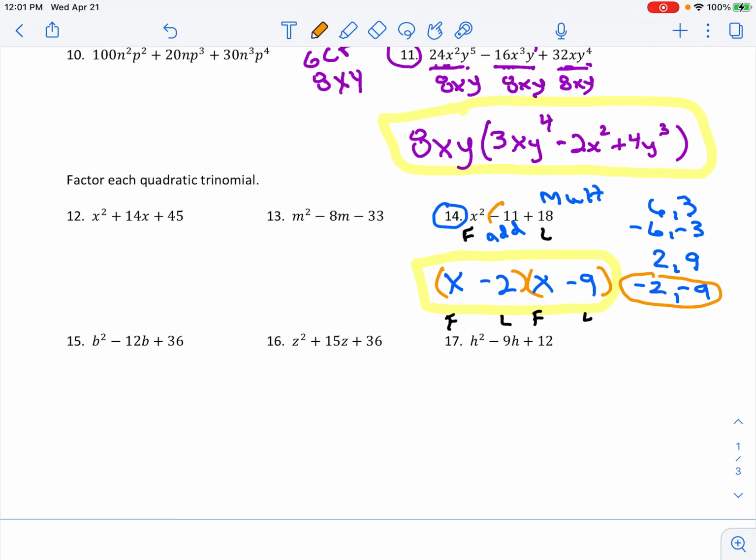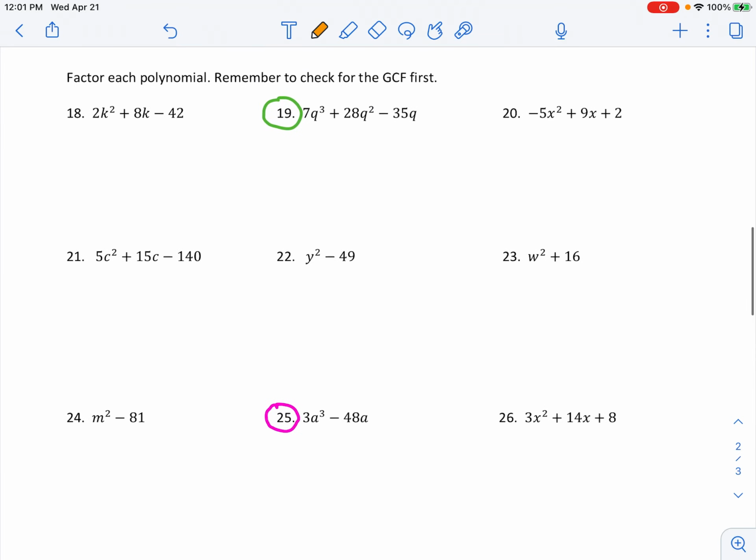And how you get that middle term, negative 11x, there should be an x there actually, is by taking the outside terms together, which is negative 9x, and the inside terms together, which is negative 2x, and adding them together. So just keep that in mind, because when we get to the more challenging ones where we have to guess and check, that could be a strategy you use.